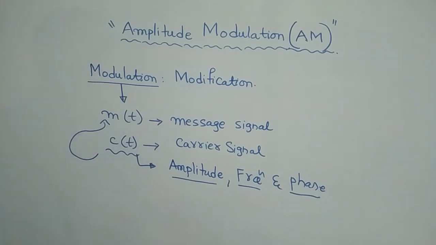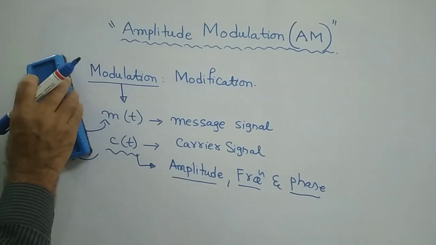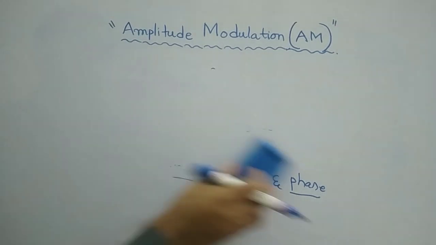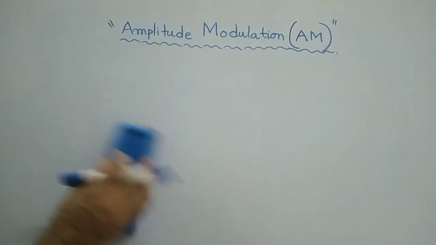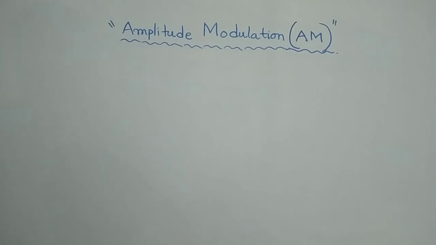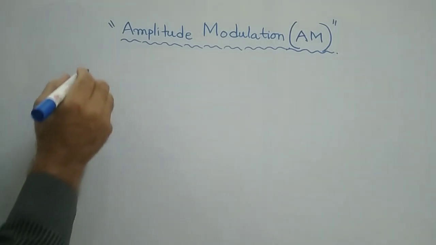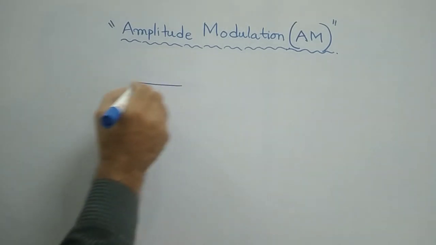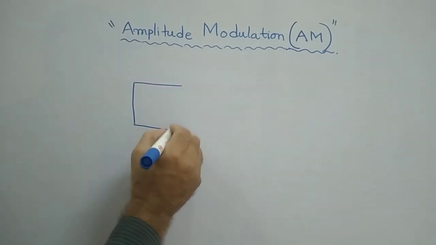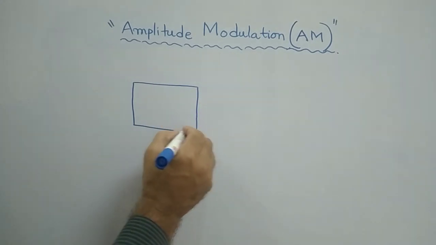Let us see a little bit of the mathematical expression of the amplitude modulated signal. Otherwise, I will explain it in the form of a block diagram. It is something like this.